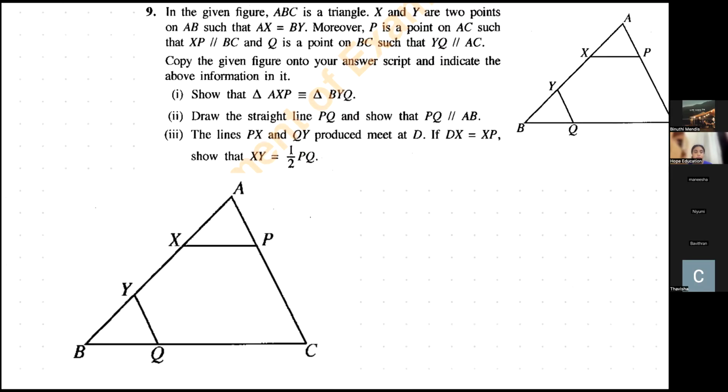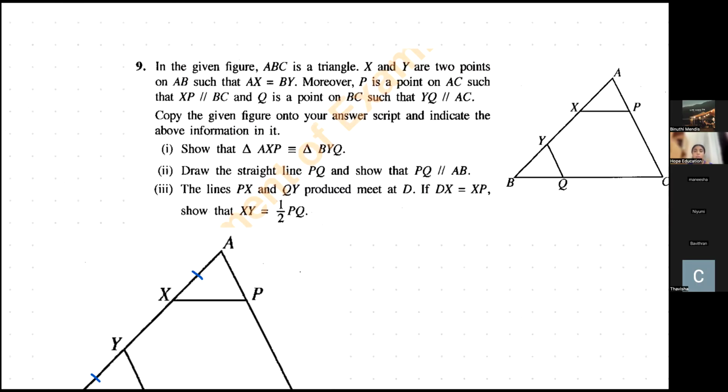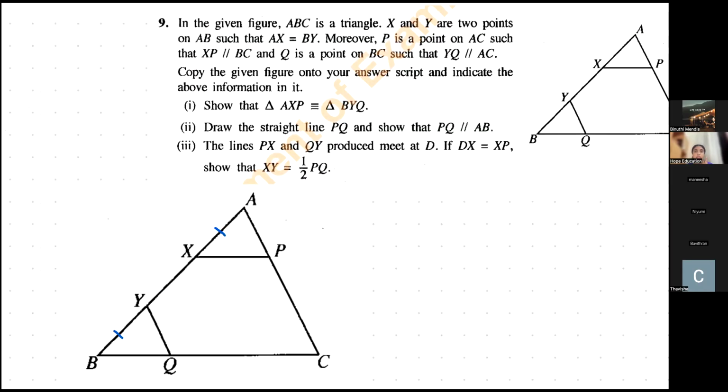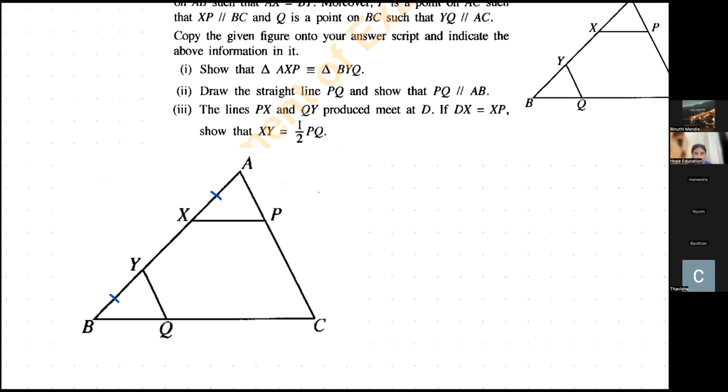And P is a point on AC such that XP is parallel to BC.